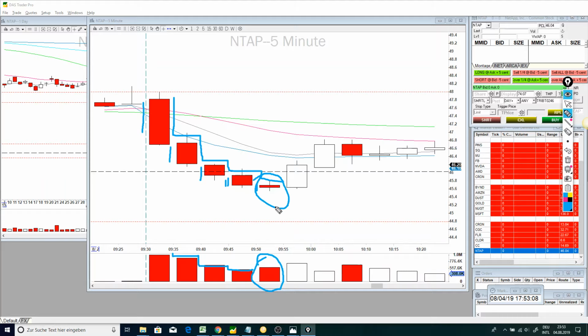When you see the candle body is so small, but the volume is higher than the average volume, if you compare these two candles, this has a smaller body but a larger volume. This is what I call a stopping volume, a term I borrowed from Anna Coling.